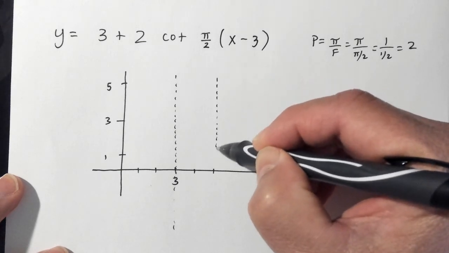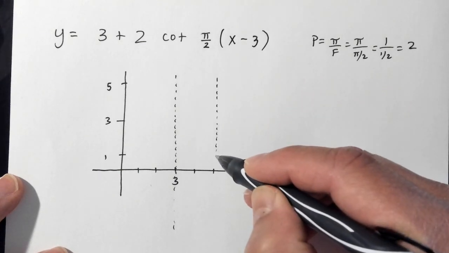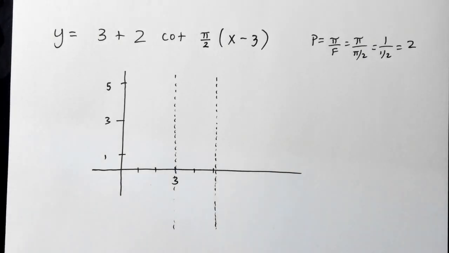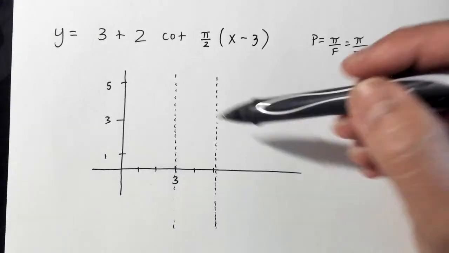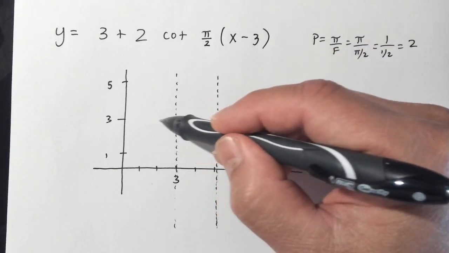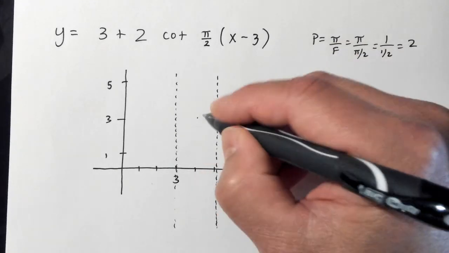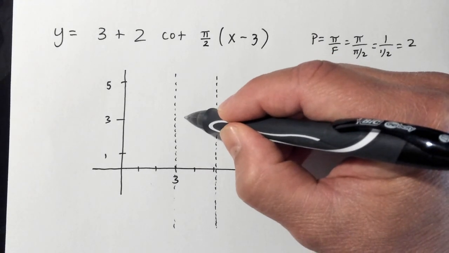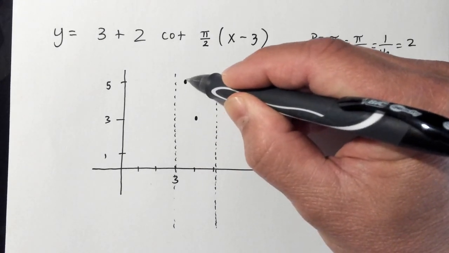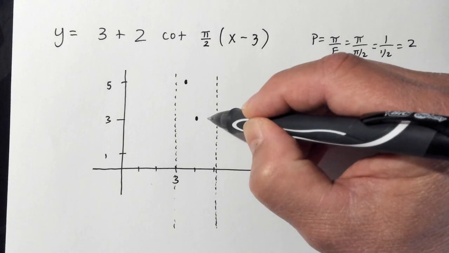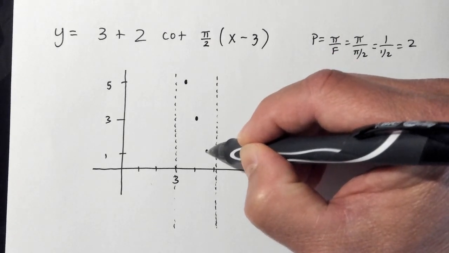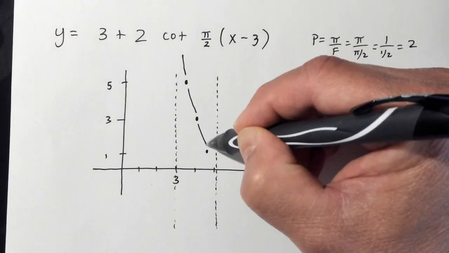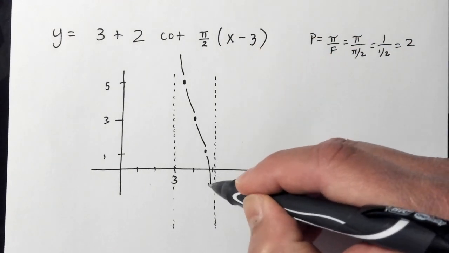Remember, to graph tangent or cotangent, you need two asymptotes. Okay, and then middle of the road, bam. And then you go exactly halfway over and up. Exactly halfway over and to the bottom. And bam, bam, bam, bam.